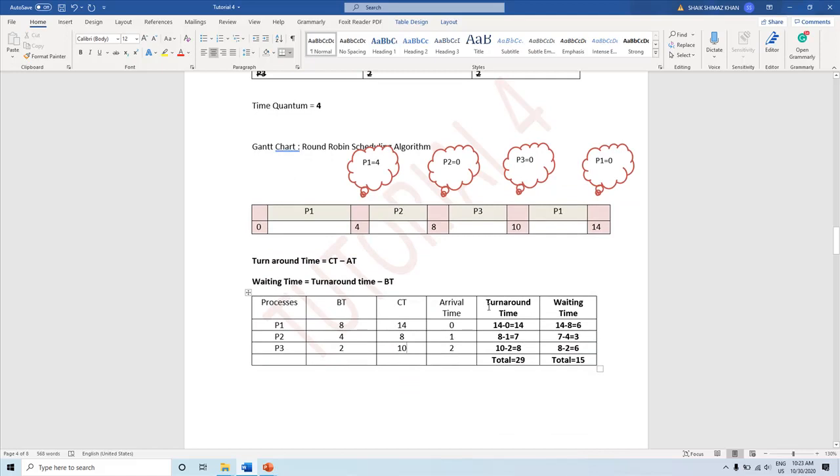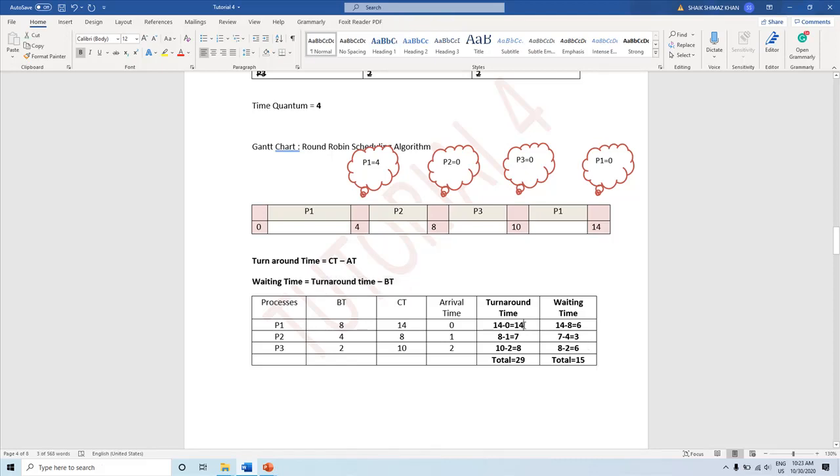Then let us calculate the turnaround time. Turnaround time is completion time minus arrival time. So the completion time for process 1 is 14 and arrival time is 0. So 14 minus 0 is 14. And what is the waiting time formula? Turnaround time minus burst time.